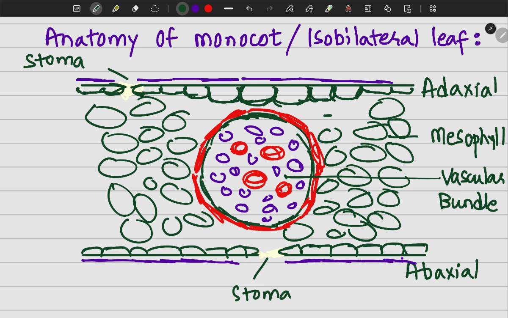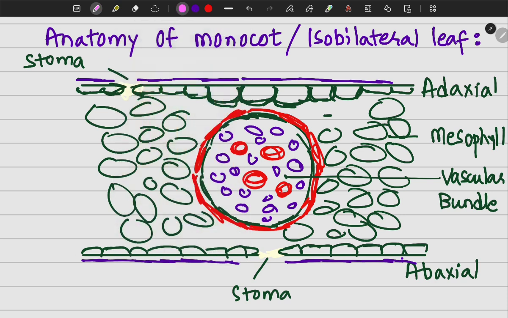They get enlarged. In case of grasses, these epidermal cells get enlarged and they become colorless and empty, and these are called bulliform cells.